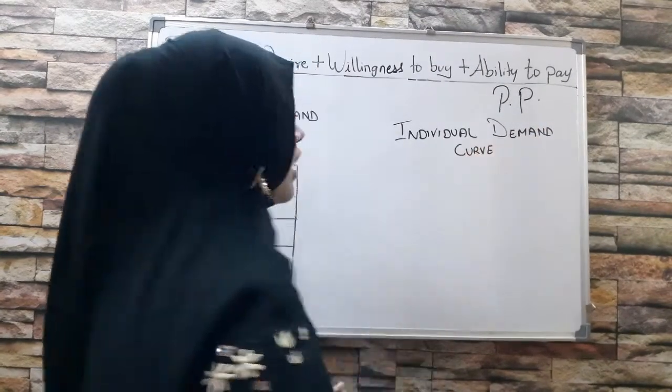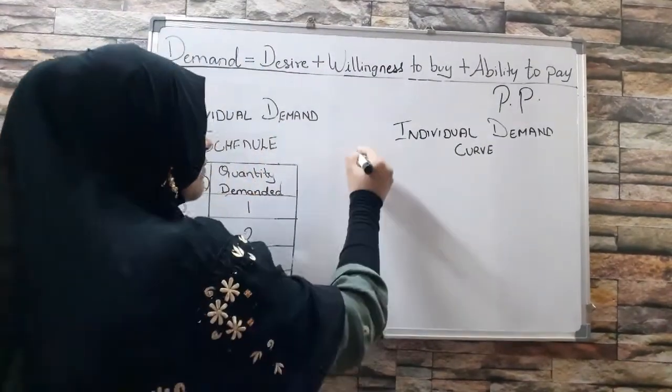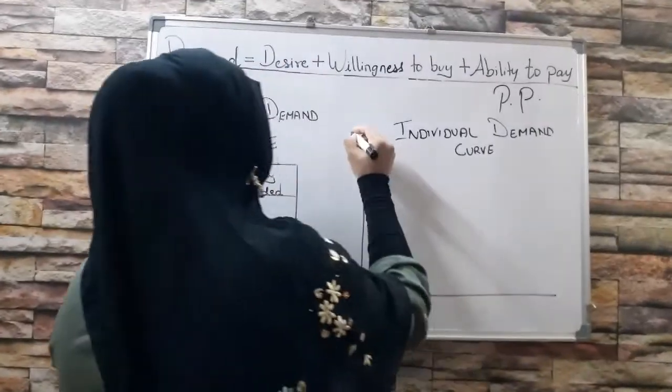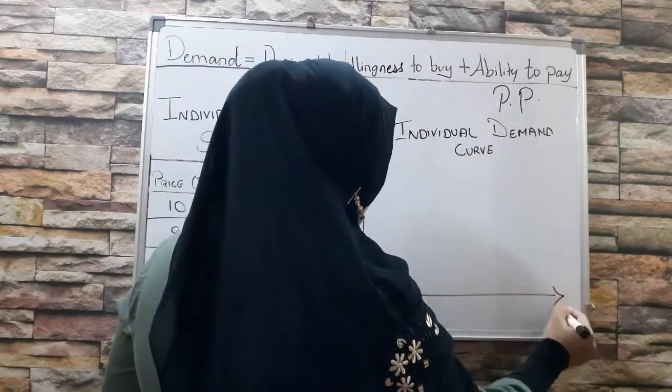This is the label of my diagram. Then you make the x-axis and the y-axis. This is my y-axis, this is my x-axis.